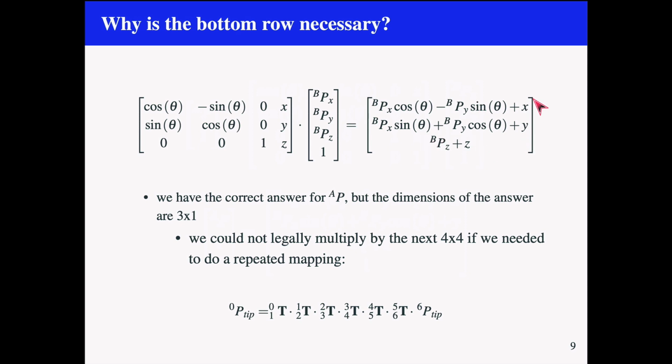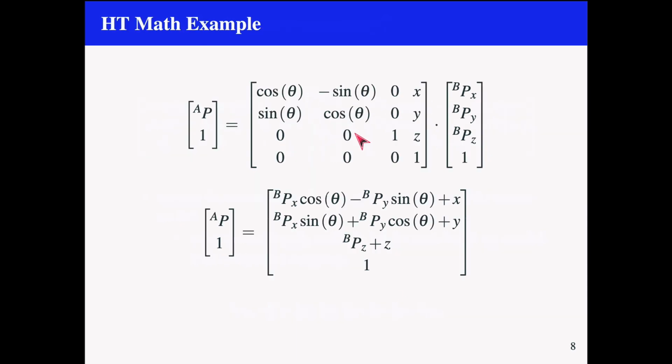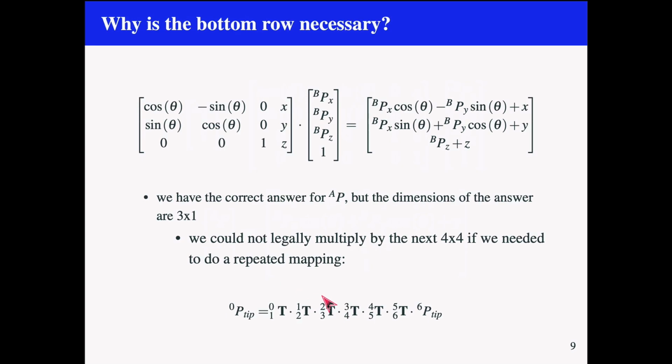And the problem with that is that we now have an answer that's a 3x1, but that could be my first multiplication maybe here, if A was 5 and B was 6. Now I'm not able to multiply by the next one because I've got a 4x4 times a 3x1. So if we forget this bottom row, then we would not get this extra 1 at the bottom of our answer, so we could not do the next multiplication.